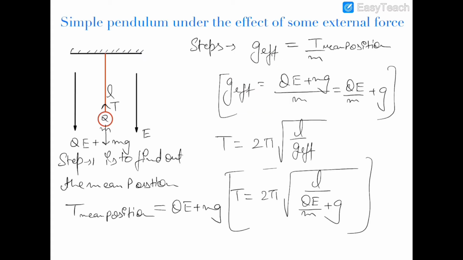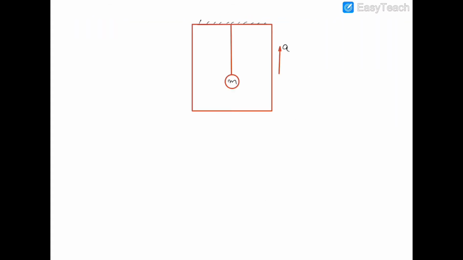Step 1 says that we have to find out the mean position. For an observer standing inside this lift, this would be the mean position, and the tension is acting in the upward direction, which is balancing mg plus the pseudo force, which is ma.